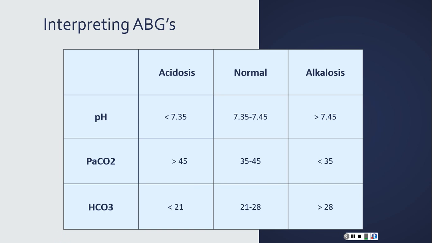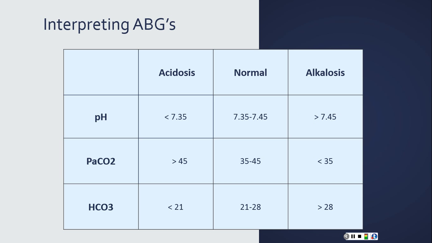Let's do 7.48. That's what I meant to do. So 7.48. Now where's 7.48? Alkalosis. All right? So on your tic-tac-toe board, put a check over on the alkalosis side. So your first mark is on alkalosis, on the pH side, okay?